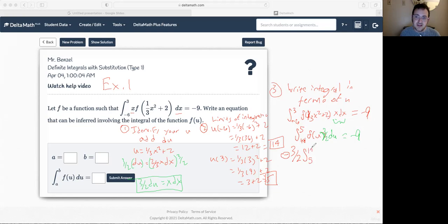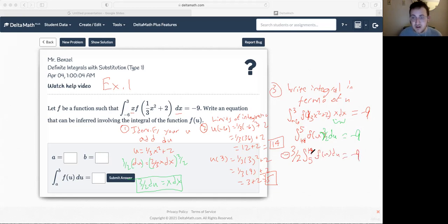I always like having the smaller number on the bottom and the bigger number on top. So it is very important to flip it, and that's why I have that negative sign. Then I'm going to have f of u du equals -9.